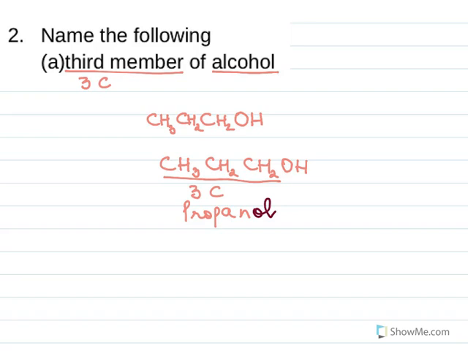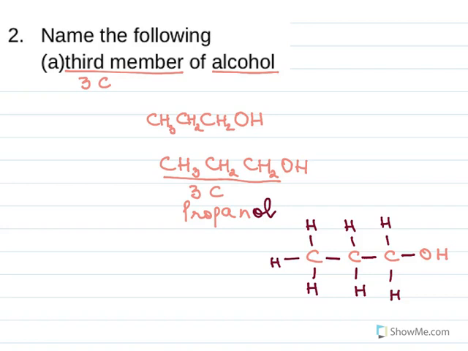Now for its structure, you write 1, 2, 3, OH, and now give the hydrogens. 1, 2, 3. You'll have hydrogen, hydrogen, hydrogen. The second can accommodate only 2 hydrogens because 2 bonds are already attached here. The third also can accommodate only 2 hydrogens because 2 are already attached here.